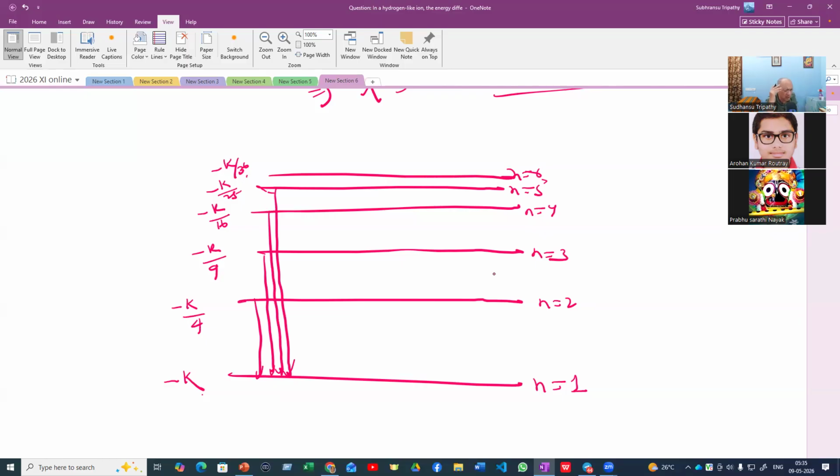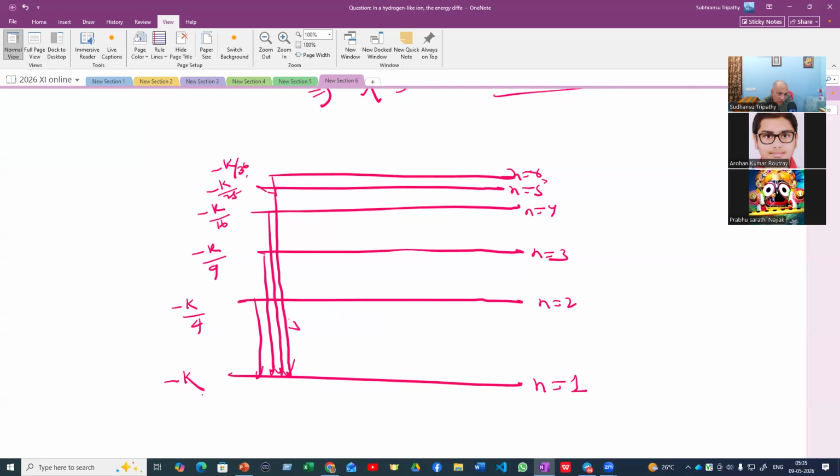Because as you go to higher levels, the transition energy from 3 to 1 is not exactly double. It is less than the double. And from 4 to 1, it is not exactly the triple. It will be much, much less than the triple. And so after some lines, the transition energy becomes very, very close to each other. As a result, their corresponding lambda will overlap to form a thin band. This is called the Lyman series.